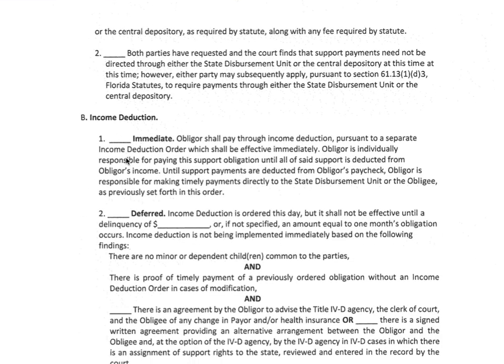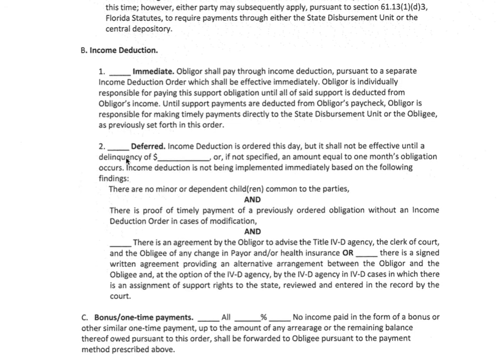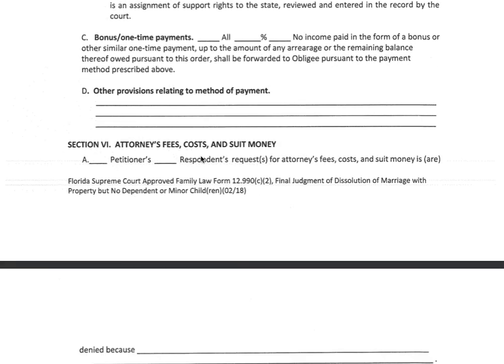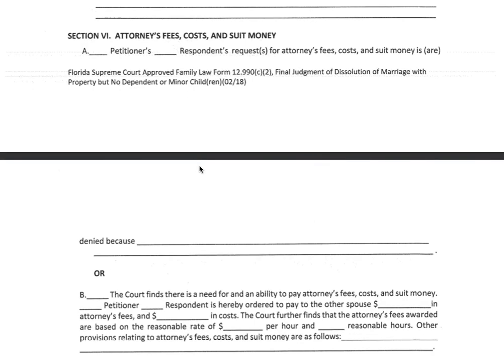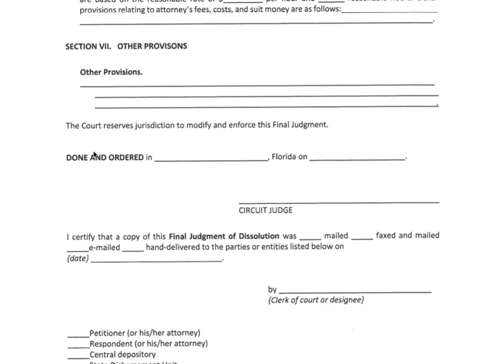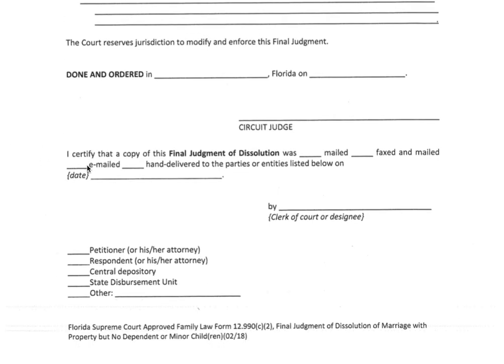Who's going to pay alimony? Are you going to do it person to person or through a different agency, and all that fun stuff? And if there's an attorney, then there might be attorney's fees. If not, then it doesn't apply to you. And just like the other form, it says the circuit court done and ordered, and this is what the judge will fill out.